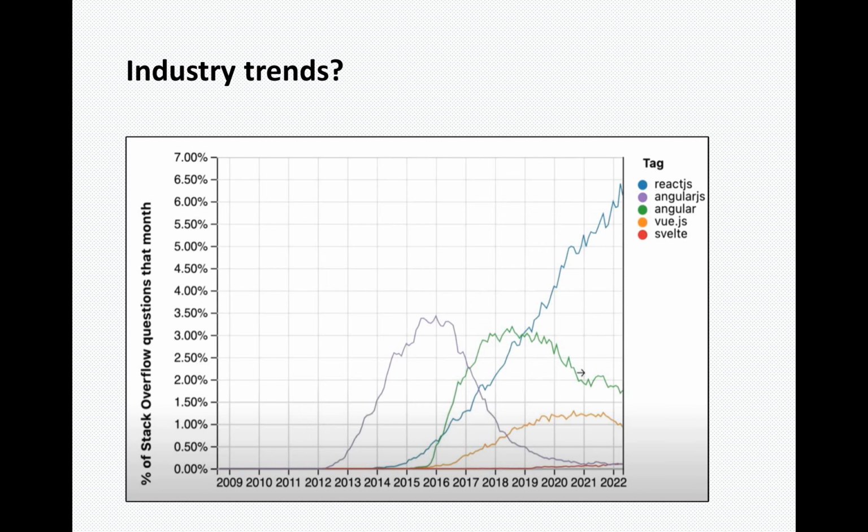You can see in this graph the blue line is growing steadily. It started in 2013 for public use and has grown rapidly, and in 2022 you can see it is the winner. So this is one of the industry trends where I compare some others, and you can see React is the winner.